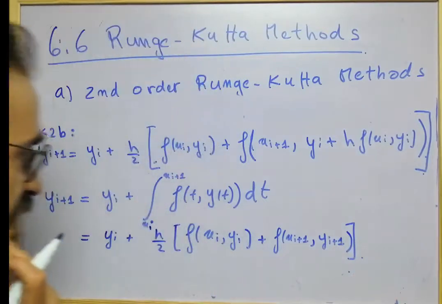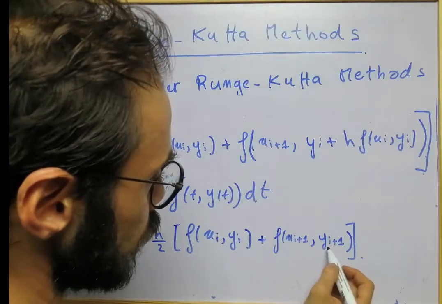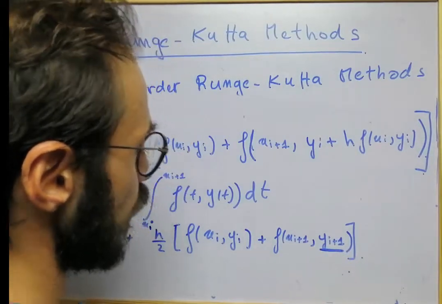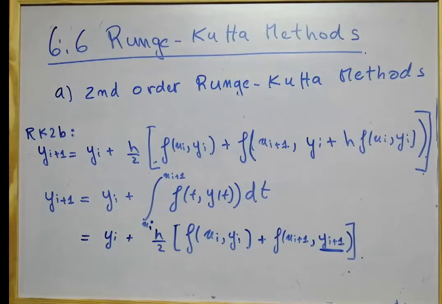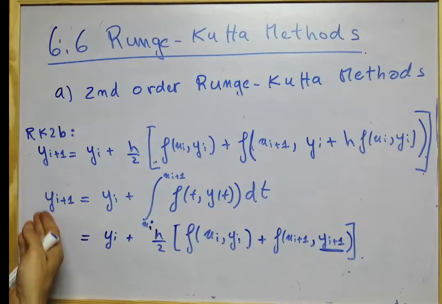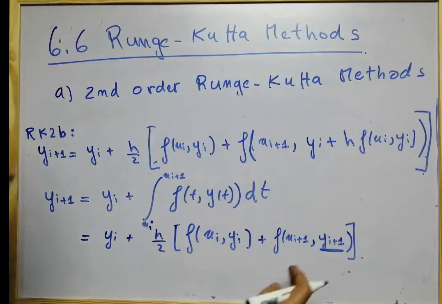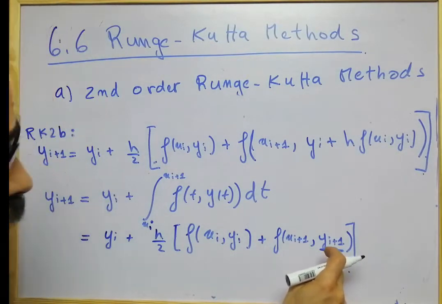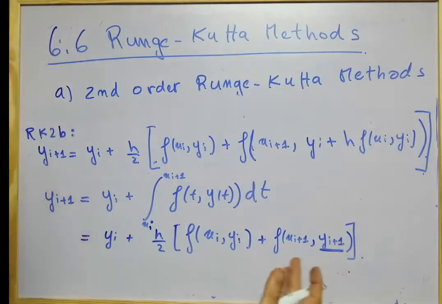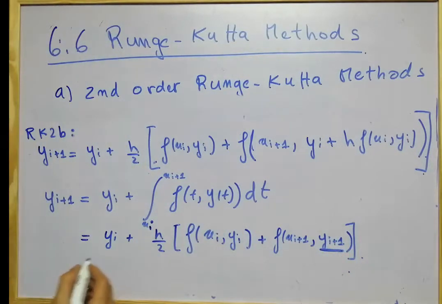Now, all these terms are known except the y i plus 1. Like I said before, this is an implicit method. Now, if we want to convert it into an explicit method, we need an expression for the y i plus 1 that depends on the y i. And that's what we will do.